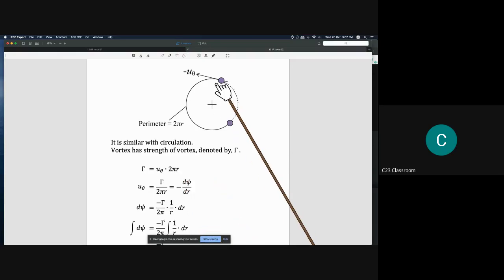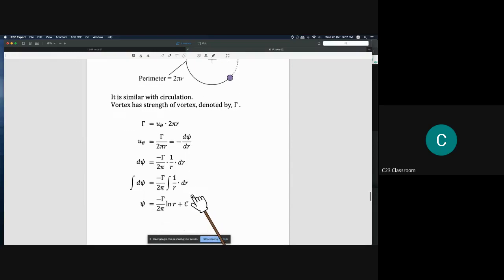The distance traveled by the molecule here is 2 pi r. And then we could rewrite u theta is equal to gamma over 2 pi r, and then it is equal to minus d psi over dr.